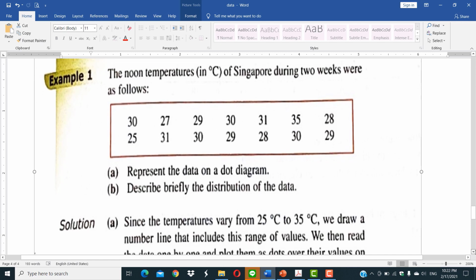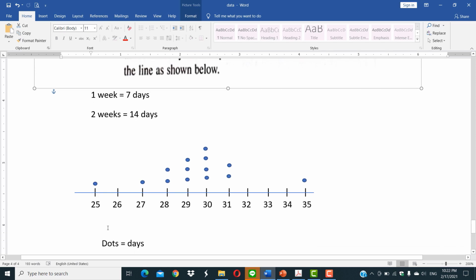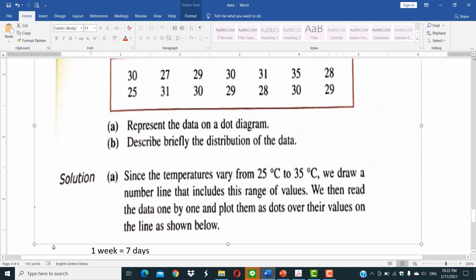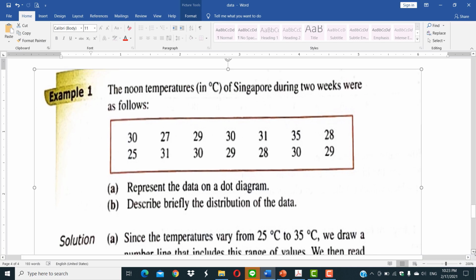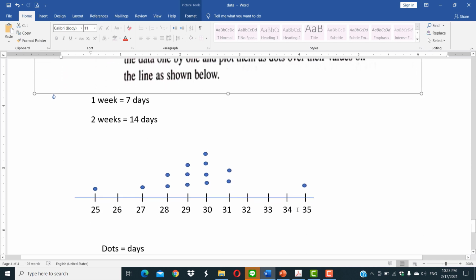So we start from number 25, 26, 27, 28, and mark the largest number, 35. Smallest number 25, largest number 35. So the data is between 25 and 35.